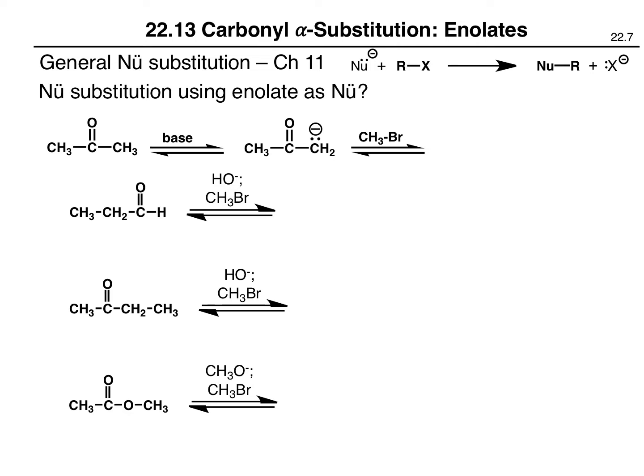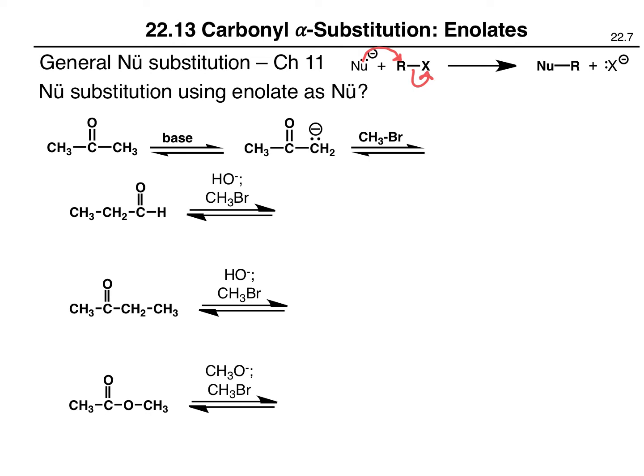a nucleophile, this can share its electrons with an R group, pushing away a halogen or some other leaving group, giving us a new bond between the nucleophile and a carbon and pushing out a leaving group. We've seen a variety of nucleophiles that can be used, and we also talked about substitution versus elimination.